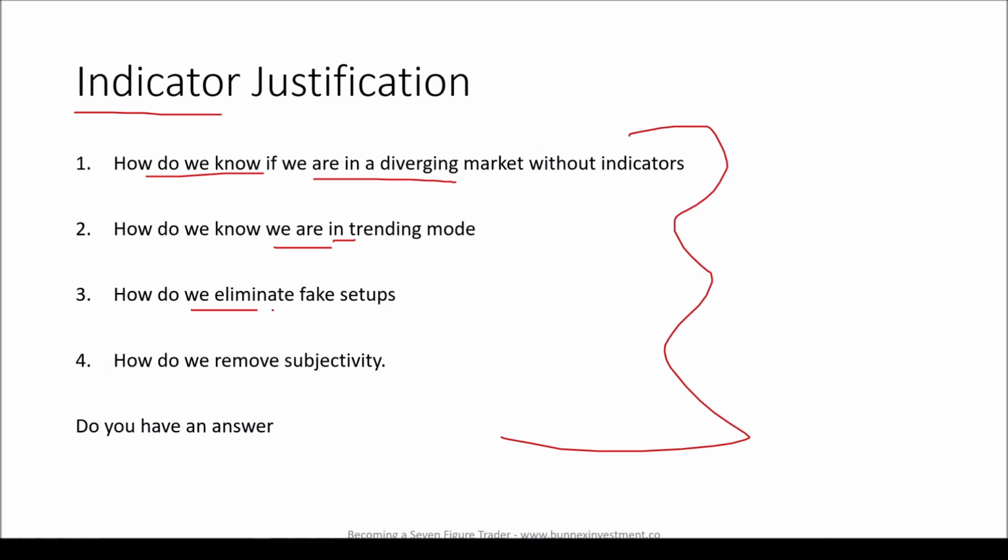Then how do we remove subjectivity? It's a hybrid operation using both the trend and the confirmation so that we remove subjectivity. They also help us to simplify how we see the levels that we have been doing on naked charts in the first lecture. So these are the tools that I was telling you in the first lecture not to panic about, and they are going to simplify everything for us.